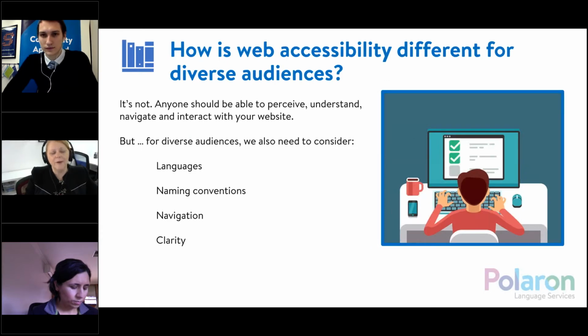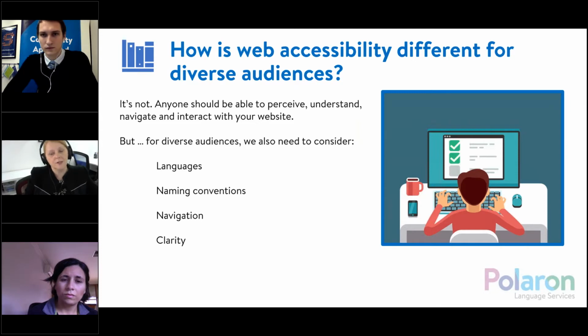And when we talk about diverse audiences, sometimes people think that they have to do things differently. And the truth is that they don't. There's just a couple of considerations, such as languages, that we need to look at. But the basic premise of making information accessible is the same regardless.